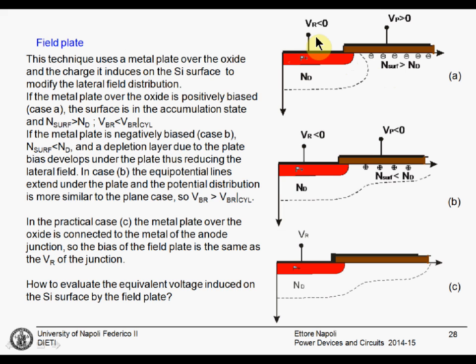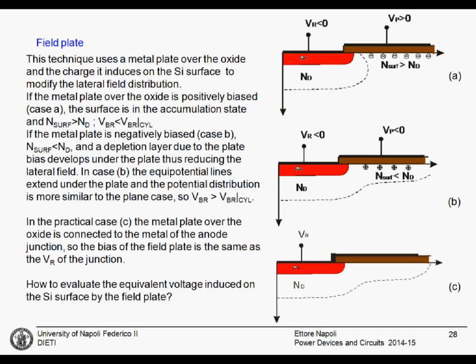As an example, if this voltage is negative and this field plate is biased at a higher voltage, higher than 0, this will attract negative charge here. The net effect is that the charge concentration here is larger than ND, than the doping concentration.